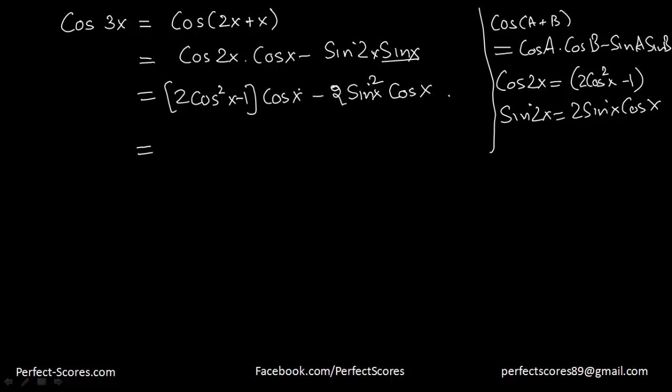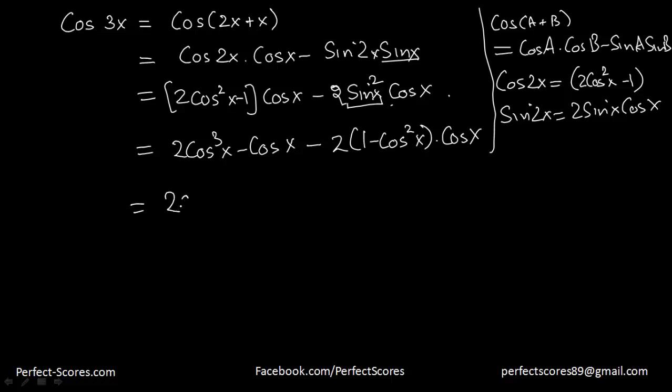Again, for the sake of simplicity, we're going to convert this sin square x into cos square x. So this is 2 cos cube x minus cos x, minus 2 into 1 minus cos square x into cos x. If we open this up, this is 2 cos cube x minus cos x minus 2 cos x, and this minus and minus is going to be plus 2 cos cube x.